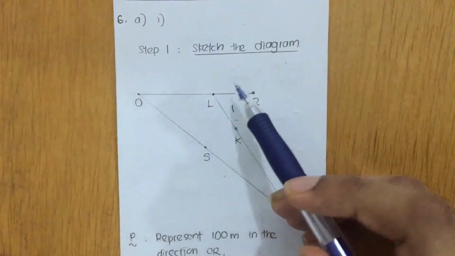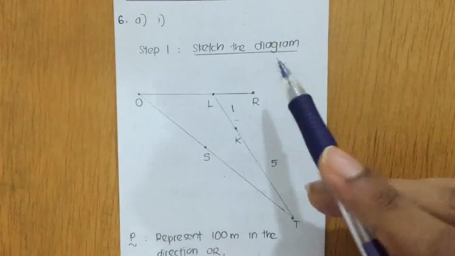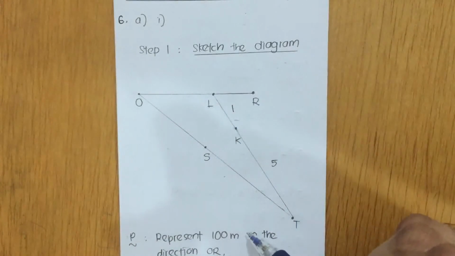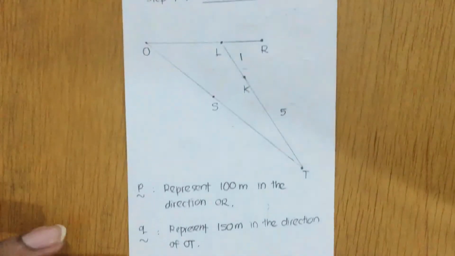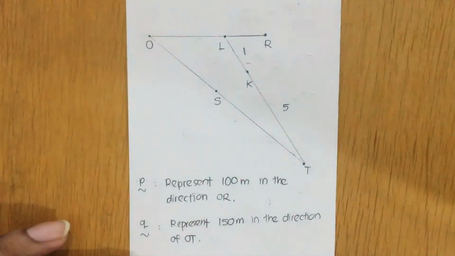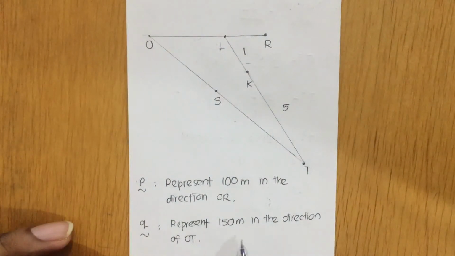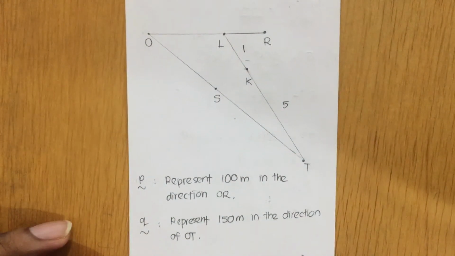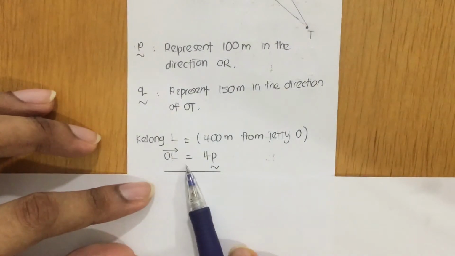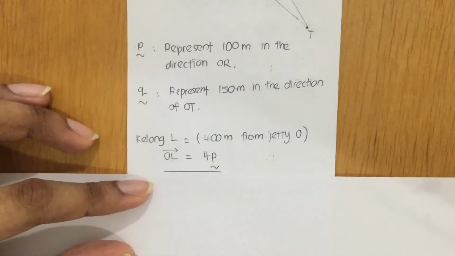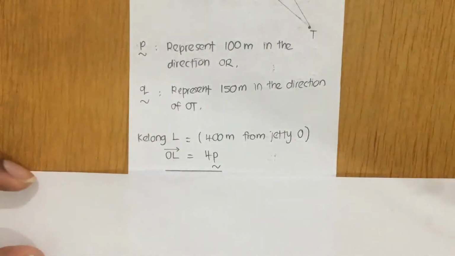Kelong L is situated in the direction OR, and you need to represent 100 meters in the direction OR as a vector P. So since it's 400 meter from jetty O, that's why you have OL equal to 4P. So this is for Kelong L.